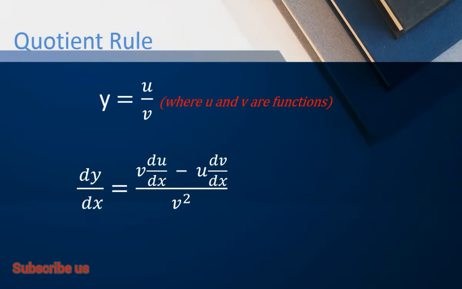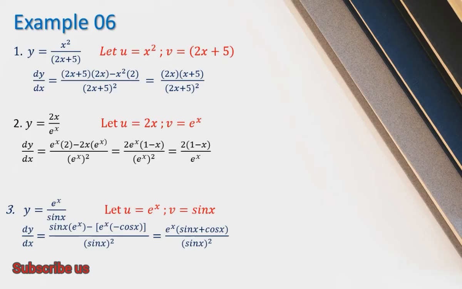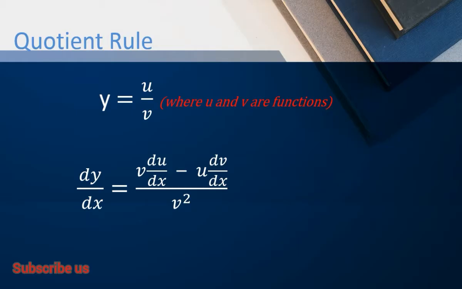Next, quotient rule. Quotient rule is an important thing in the same way as the product rule. Here u over v: you can see it has a numerator function and a denominator function.